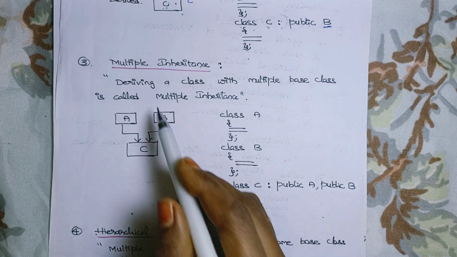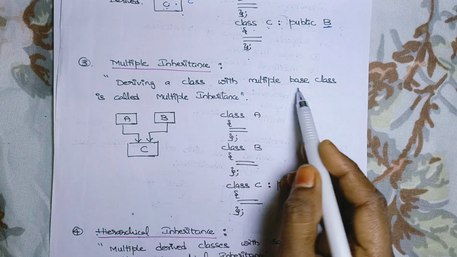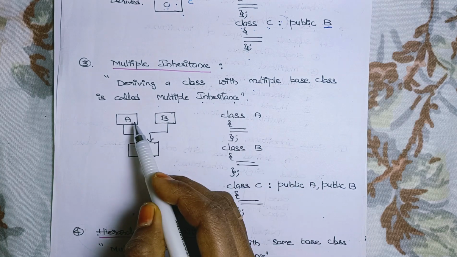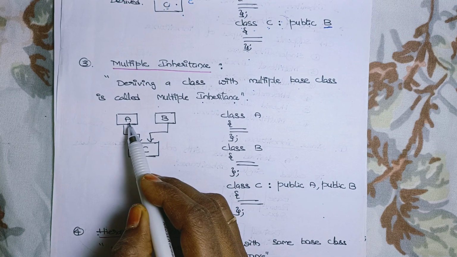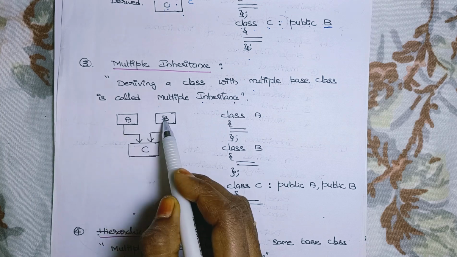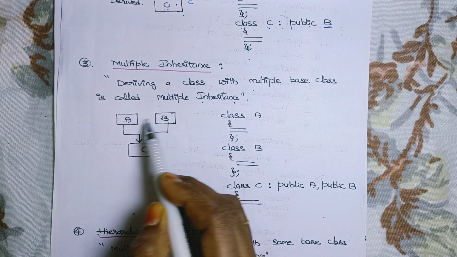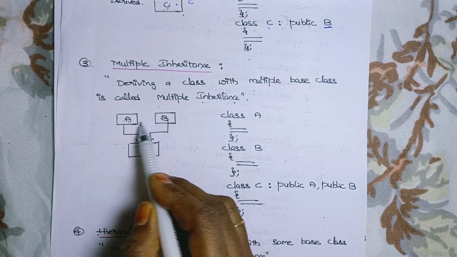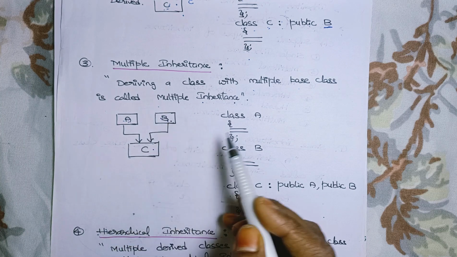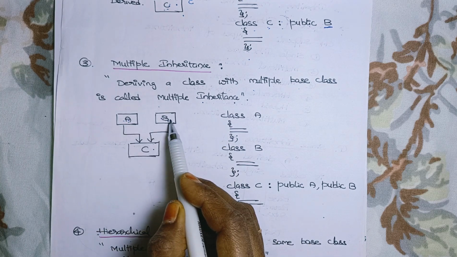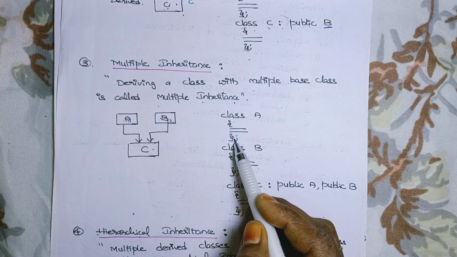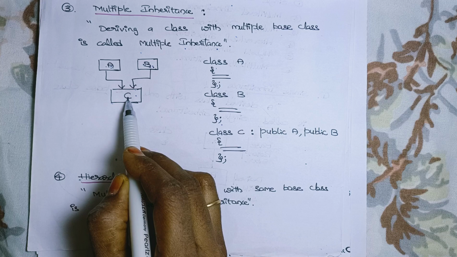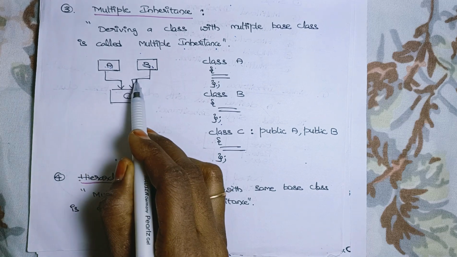Next, multiple inheritance. Deriving a class from multiple base classes is called multiple inheritance. It has more than one superclass, more than one parent class. If a class has more than one parent, then that is multiple inheritance. Class A and class B are written separately, and class C has both A and B properties.